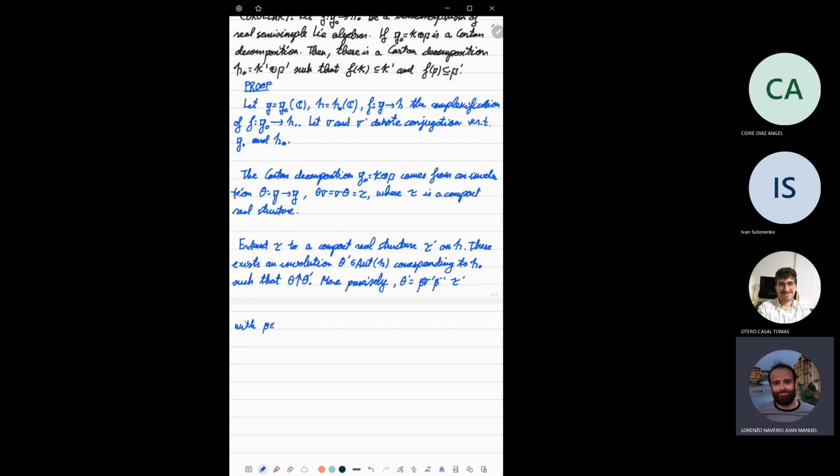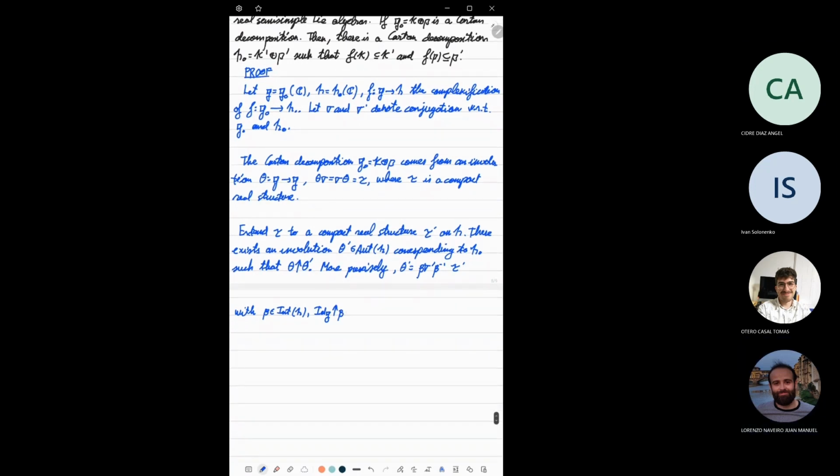Beta is in the inner automorphism group of H, and the identity of G extends to beta. Okay?